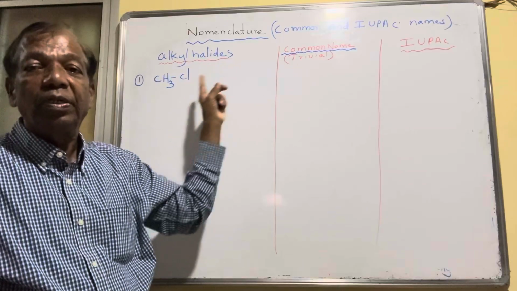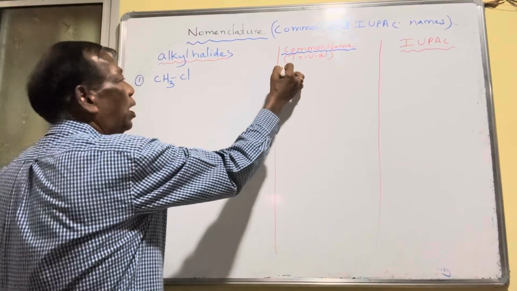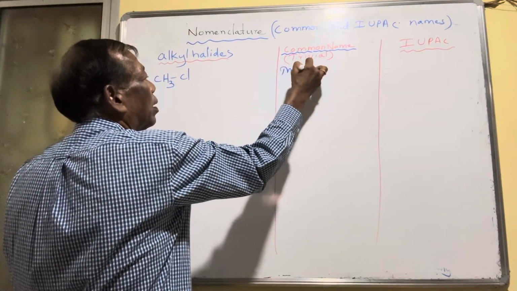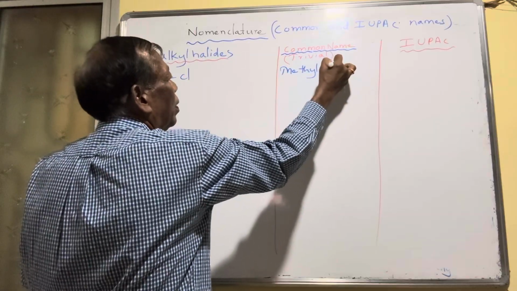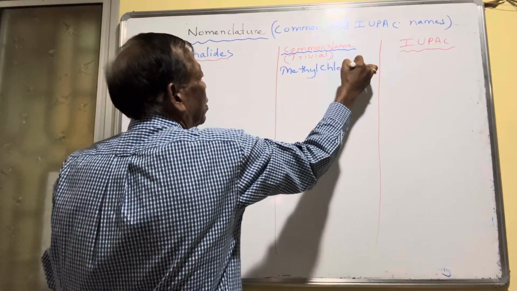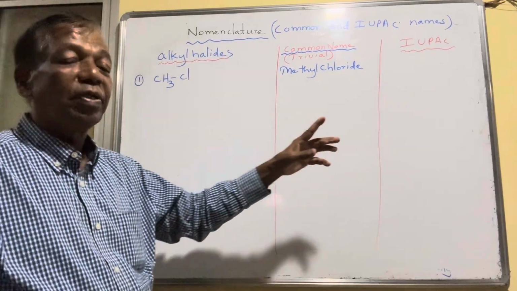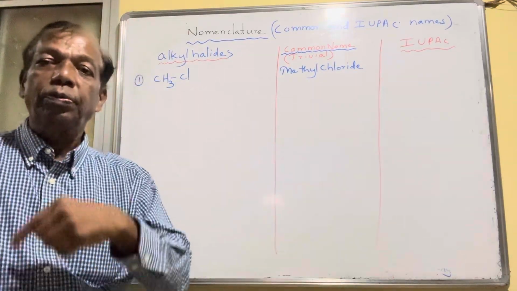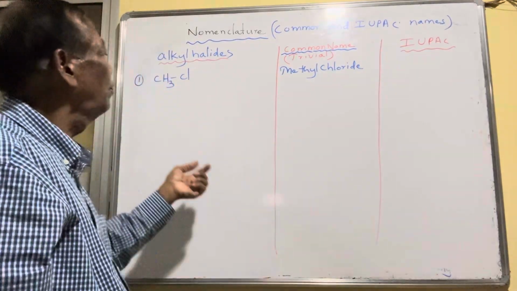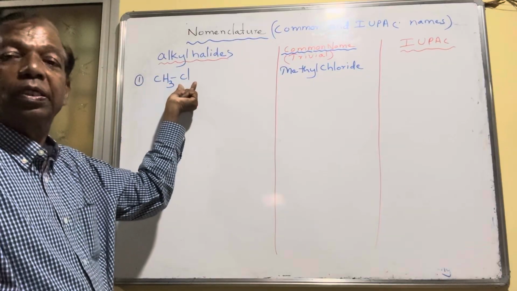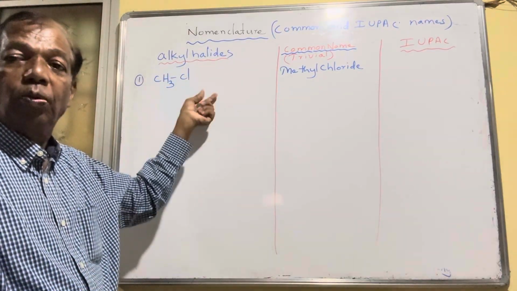According to common name, this is called as methyl chloride. Methyl chloride. Now how the IUPAC name is given? One name if I give, you should know the other name by itself, automatically will follow. This is written here as haloalkane.